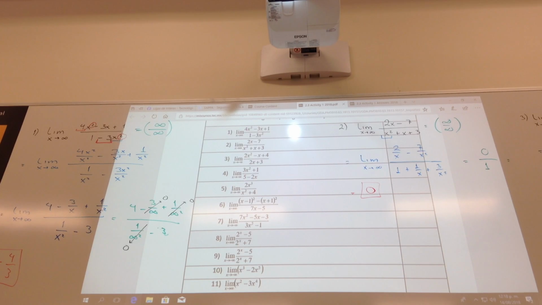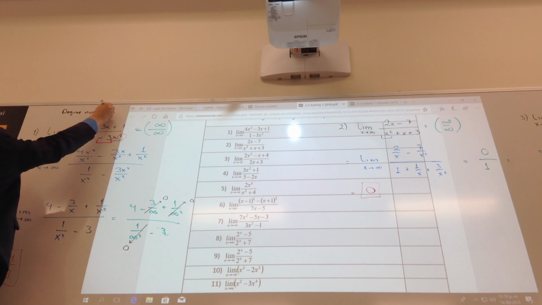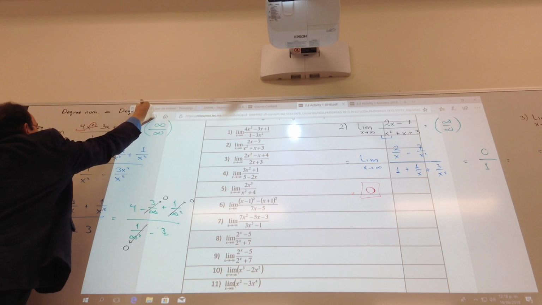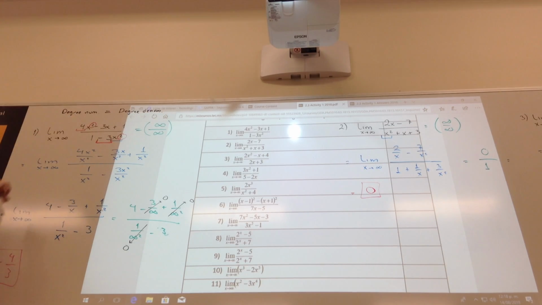But you can still verify your answer with this short procedure. You can skip some steps, but I want to see at least the main ones. So I repeat, degree of the numerator equal to degree of the denominator, then you just divide the coefficients. That's the answer.